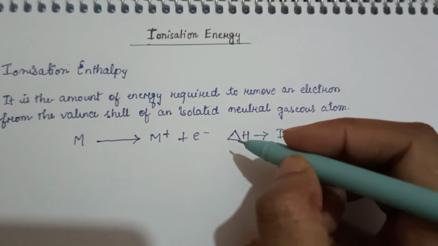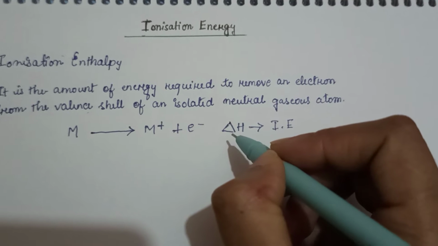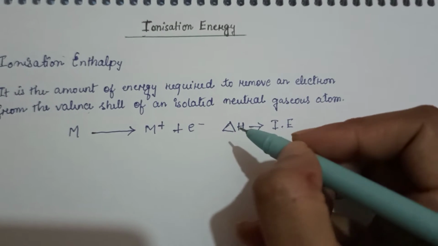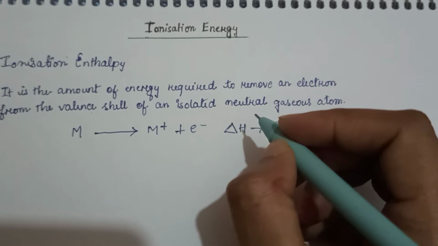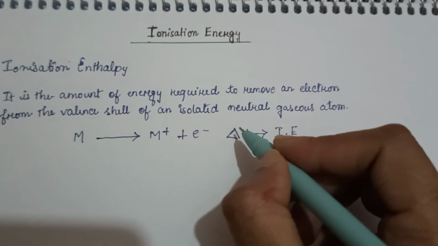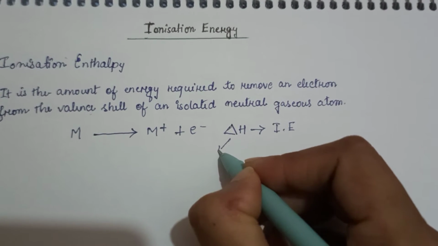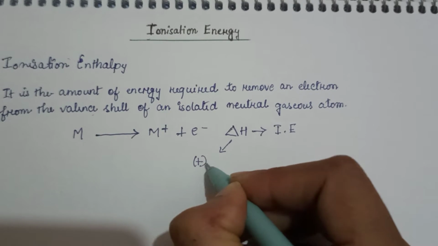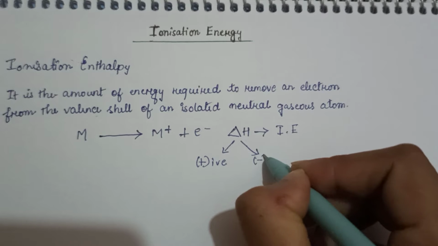Now we know that in a chemical reaction, energy can be provided or energy can be generated. Now this delta H value, accordingly we will have a positive delta H value, or we will have a negative delta H value.